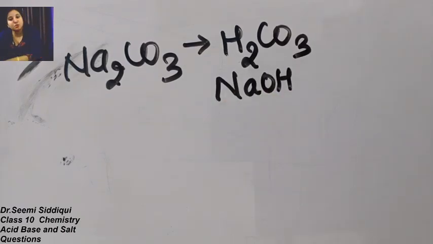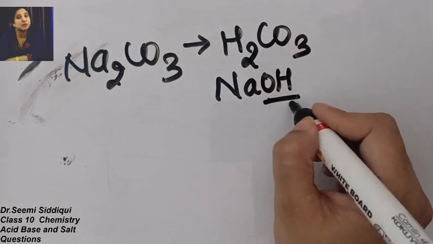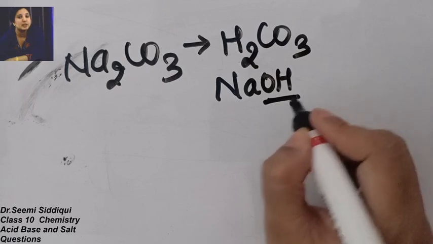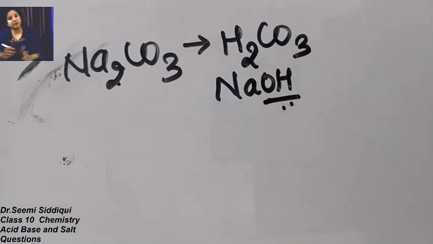Now when it dissolves in water, it will hydrolyze, and because it is a strong base, it will contain more OH ions. Therefore it is basic in nature. Clear this much? Now let's move to another question.